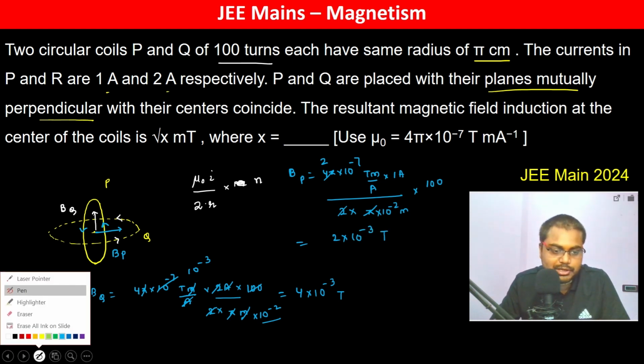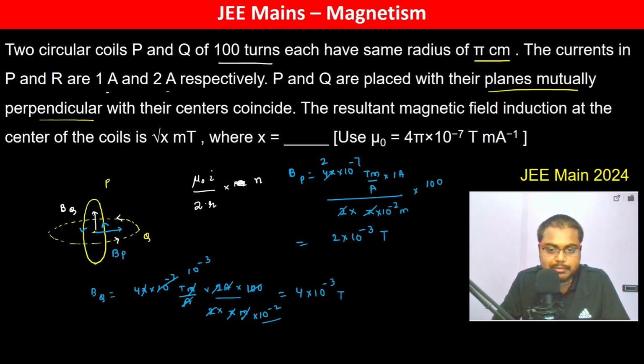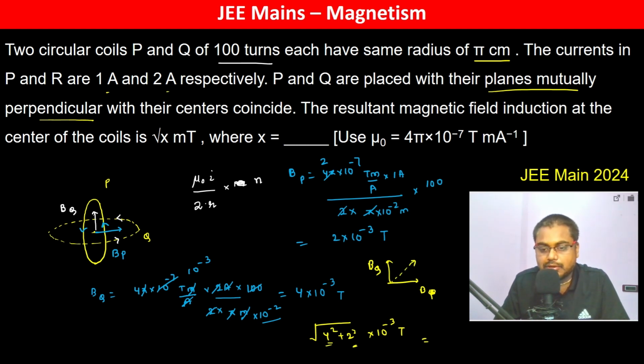So the resultant is going to be, because both of them are perpendicular to each other, like this is BP and this is BQ, root over 4 square plus 2 square into 10 to the power minus 3 Tesla, because this is the direction of the magnetic field now. So root 16 plus 4 is 20. So root 20 milli Tesla. So therefore X will be 20.